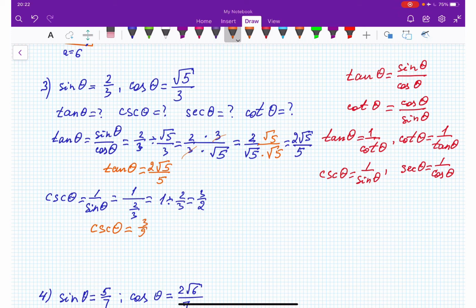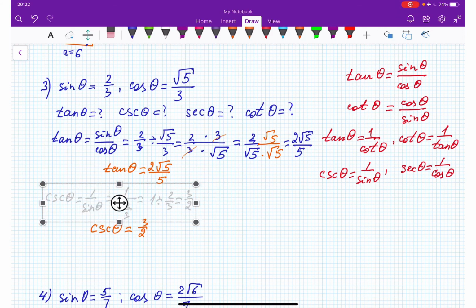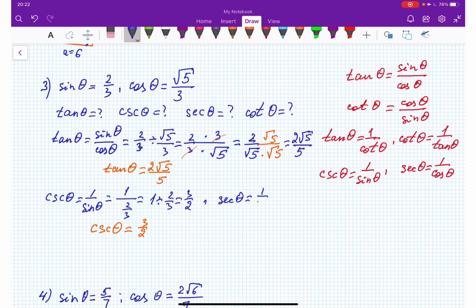All right, next, let's do secant. Secant theta is equal to 1 over cosine theta, and that is equal to 1 divided by square root 5 over 3.